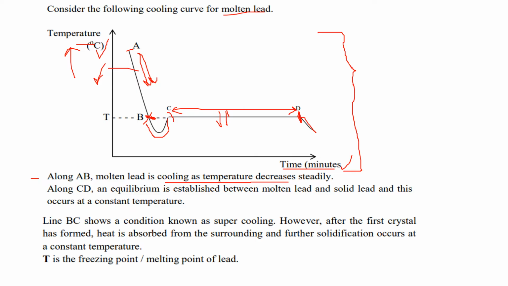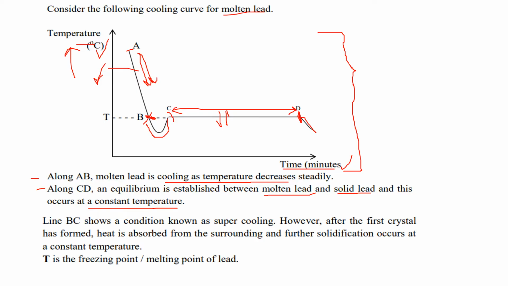And then if you look at CD, along CD an equilibrium is established between liquid lead, or molten lead, and solid lead, and that's where the freezing point is. Remember that it's at a constant temperature. That's why when we're defining a melting point or freezing point, we always want that word, because it's major. I hope you have seen it on the graph. The graph shows that it's a constant temperature, and it must be included even when we examine you to draw that sketch.